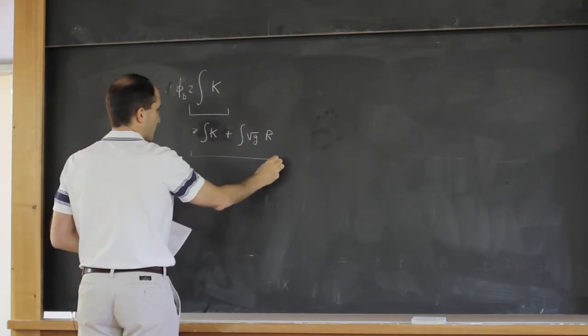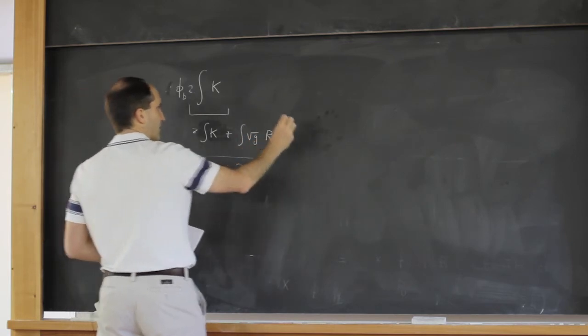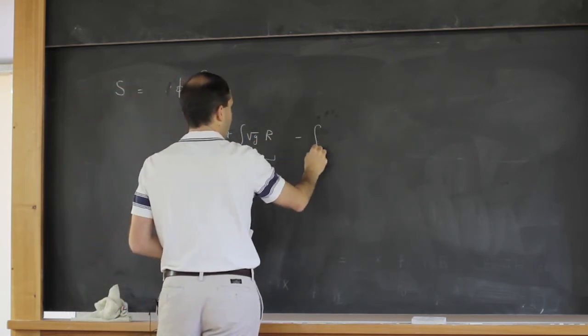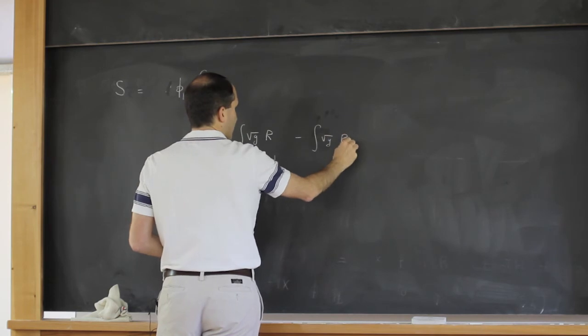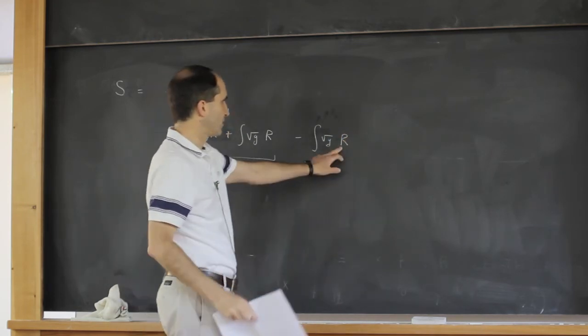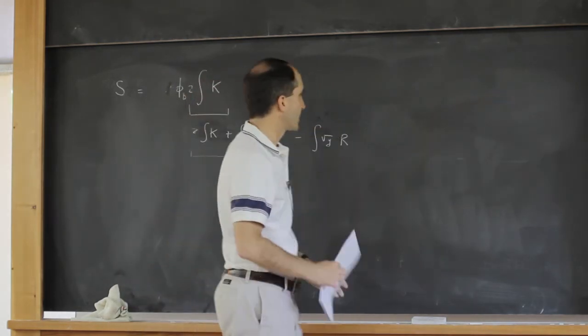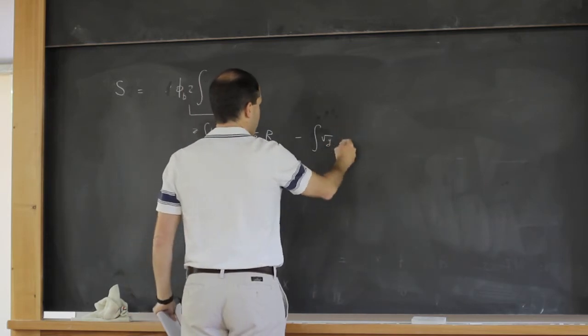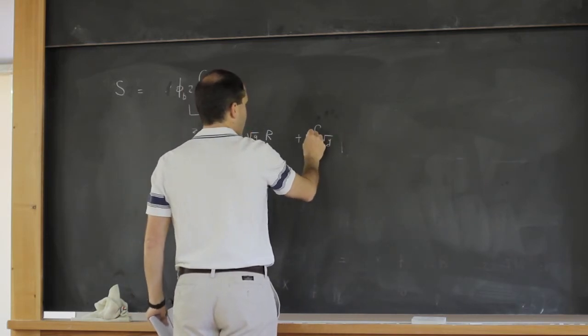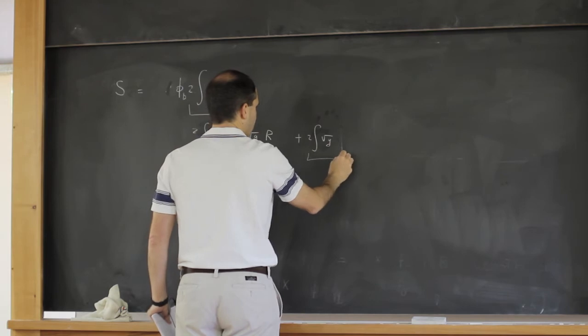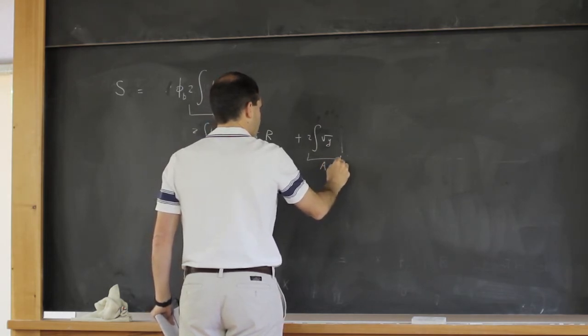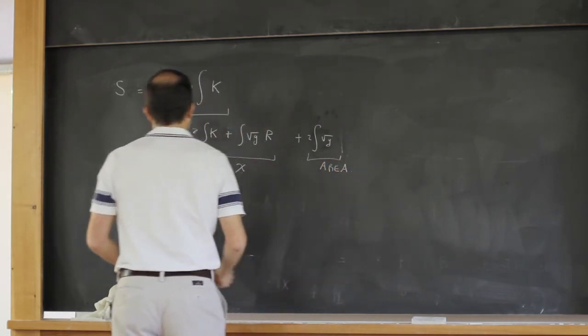So this is what gives us a constant, the Euler character. And then we subtract, again, the square root of g R. But R was already fixed to minus 2. So this gives a term that essentially is the area. So here the area of some region.